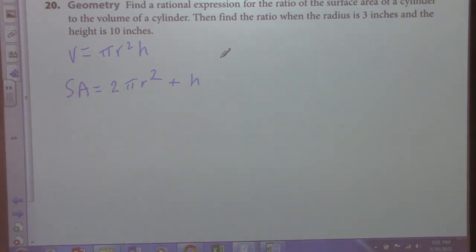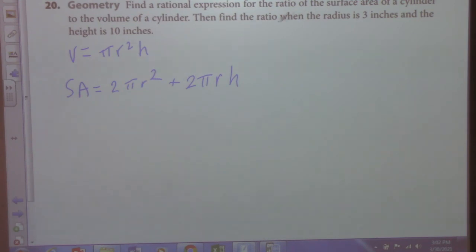The circumference, right? Which is 2 pi r. So 2 pi r times the height. So there we have it.